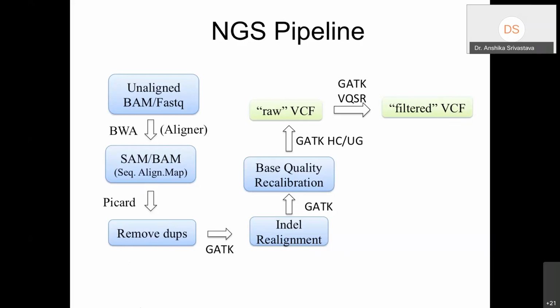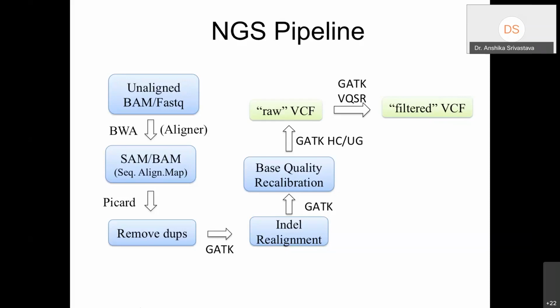So starting from say 4 gigabytes of file, we now come up with a raw variant calling format file, which contains around 60 to 70,000 variants in an Excel sheet.